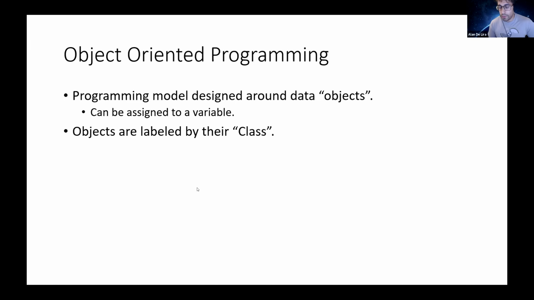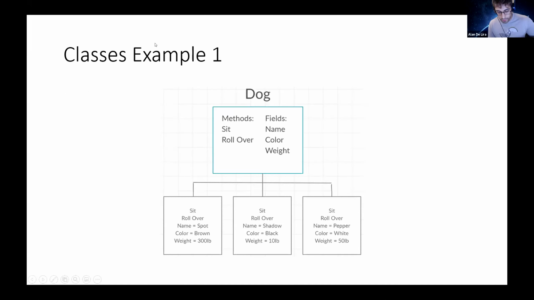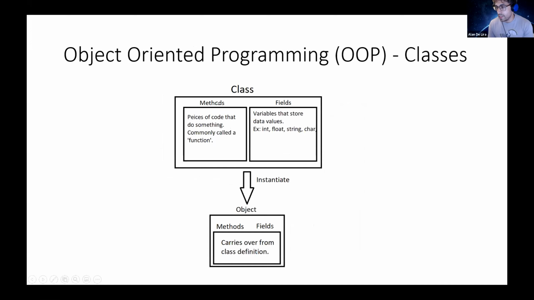Every object in C# is defined by its class. And what is a class? So basically, like I said, everything is defined by a class, and a class has methods and a class has fields.